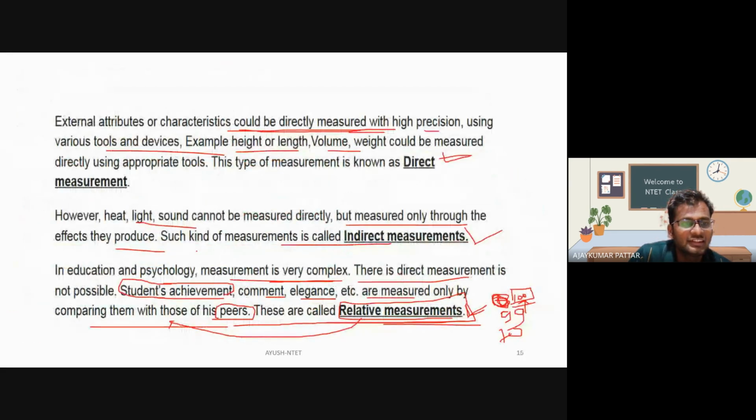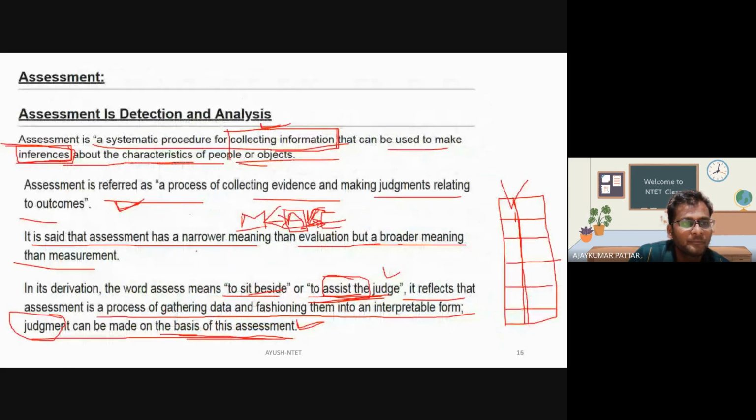So see, assessment is a systematic process for collecting information, the process of gathering data and fashioning it into an interpretable form.